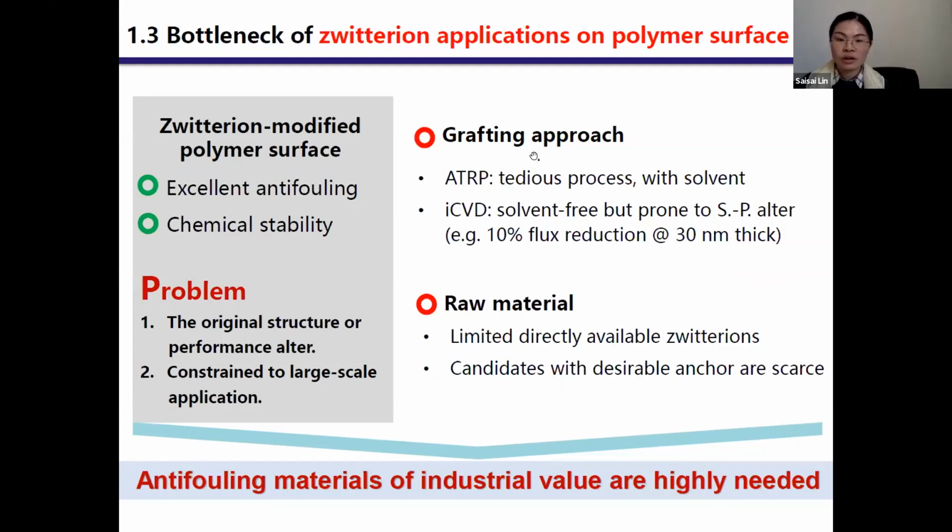Current grafting approaches for zwitterion application include ATRP, which is a tedious process, and iCVD, which is solvent-free but prone to deteriorate the separation performance relationship of the membrane. And the raw materials for zwitterions are very limited, especially directly available zwitterions. So antifouling materials of industrial value are highly needed.